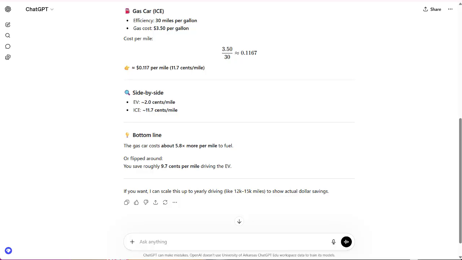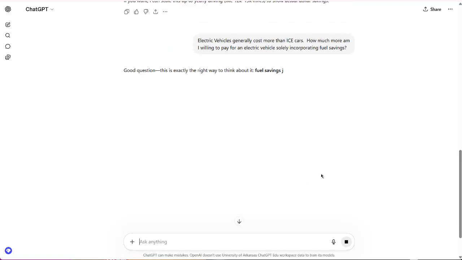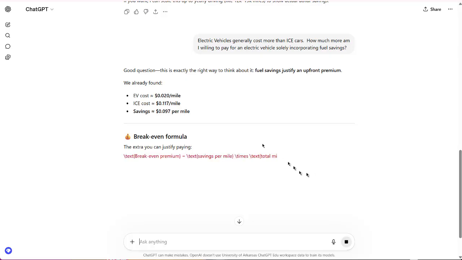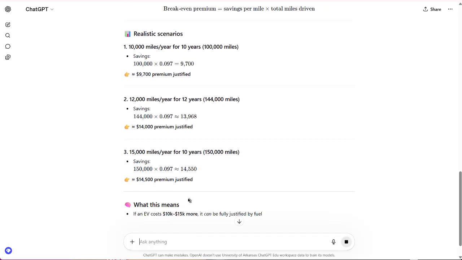And what I'm really interested in is what the trade-off for cost is. So I want to determine how much more I'm willing to pay for an electric vehicle over time. What's a realistic scenario?